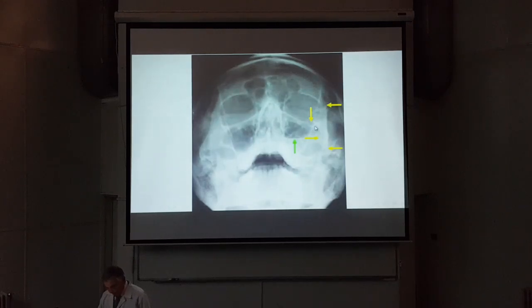And then this line is not present here. This fluid level in the maxillary sinus is not present here, and this indentation is not present here. So there is trauma to the left side with a depressed fracture of zygomatic and maxillary.